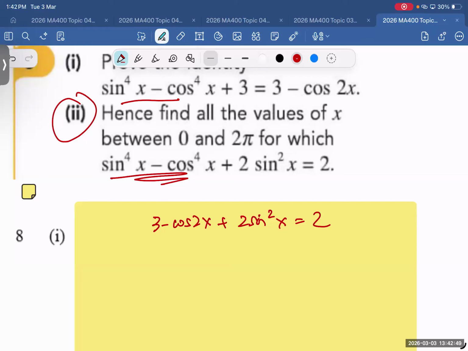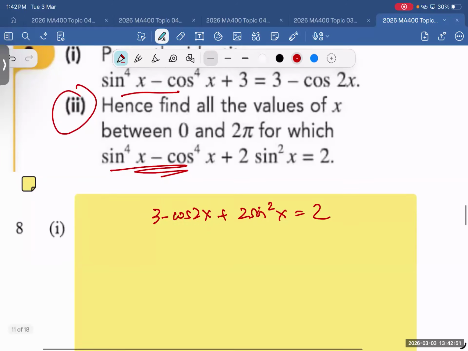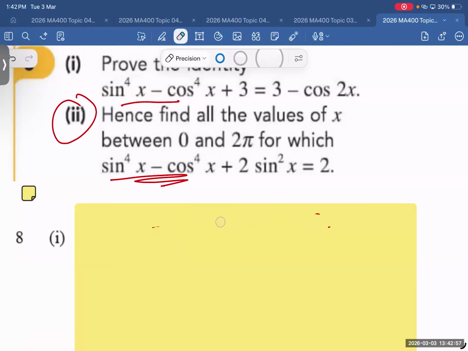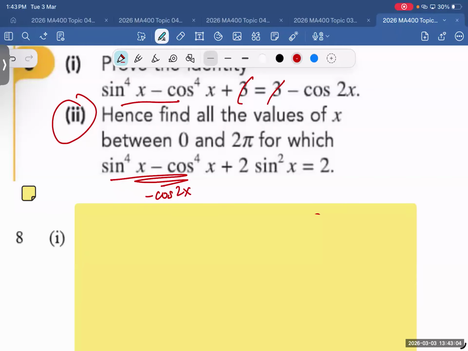Is that okay? Did I do something wrong? Oh, no. Sorry. So this is cancel. This whole thing is minus cos 2x. So minus cos 2x plus 2 sine square x is equals to 2.